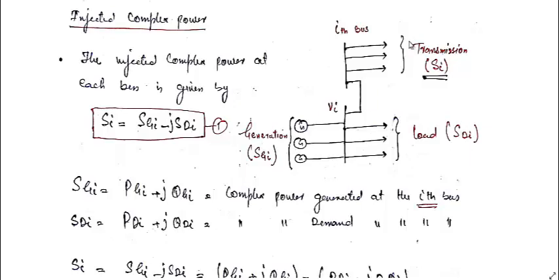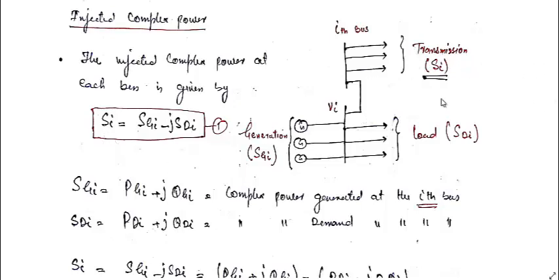This is the transmission part. Some part of this complex power may go to the transmission if generation is more than demand, definitely. This complex power, the subtraction of the two, is known as the injected power, or sometimes transmitted power.